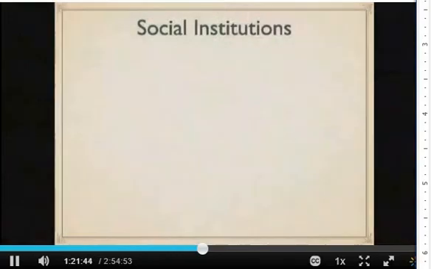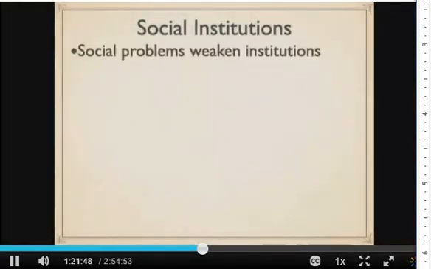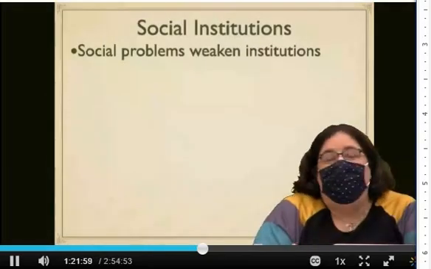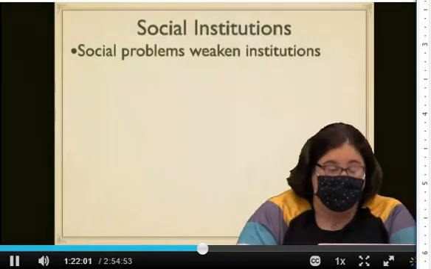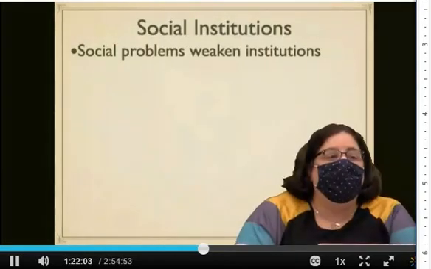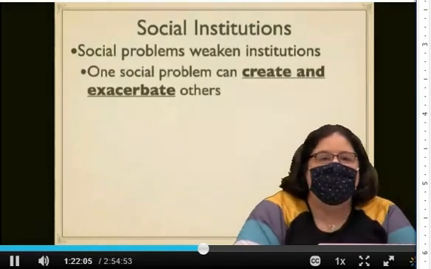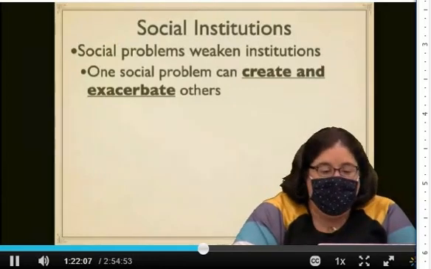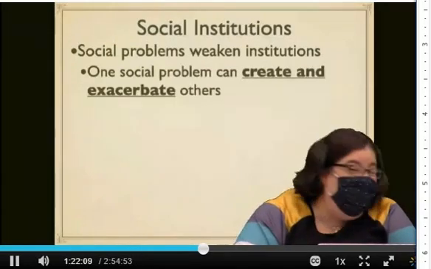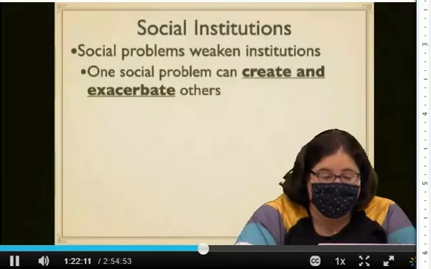So one last slide to finish up what we were talking about before the break, about how our social institutions have been weakened because people have lost faith in them, right? And not to mention general social problems like crime or something else can weaken institutions too. People don't just lose faith in them for no reason. And so one social problem can create or exacerbate other social problems that already exist.